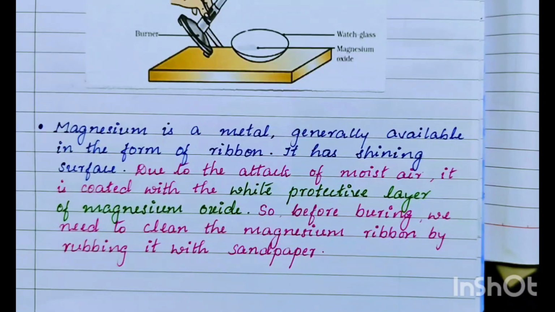That air contains oxygen, which will already be reacting with the magnesium and forming a white magnesium oxide layer upon the magnesium metal. So we have to remove that magnesium oxide layer and then burn it. To clean it, we rub it with sandpaper.